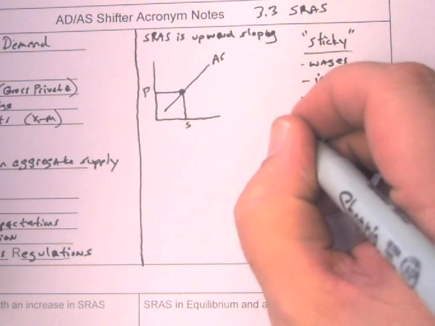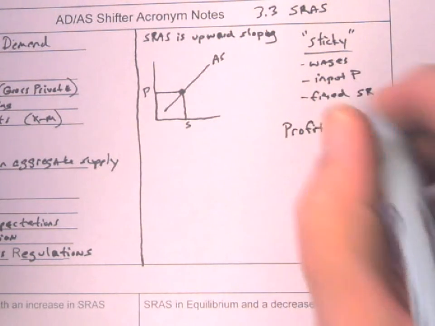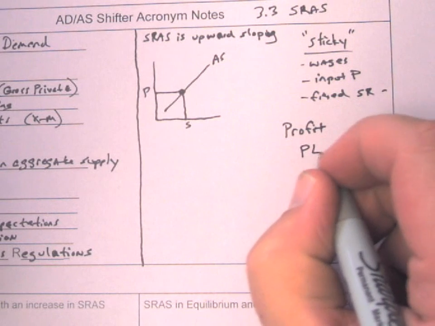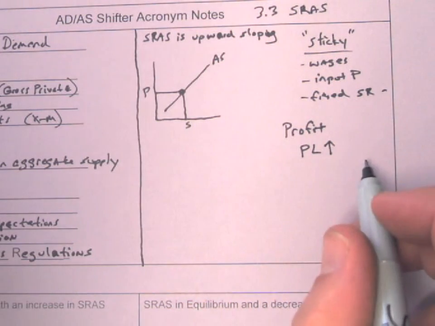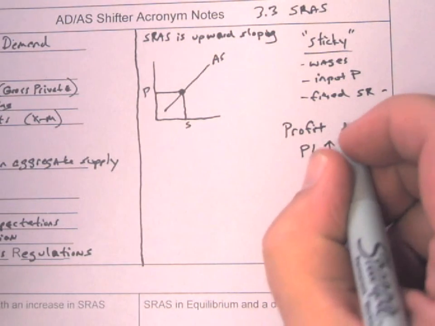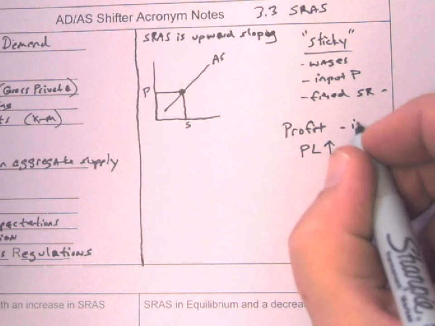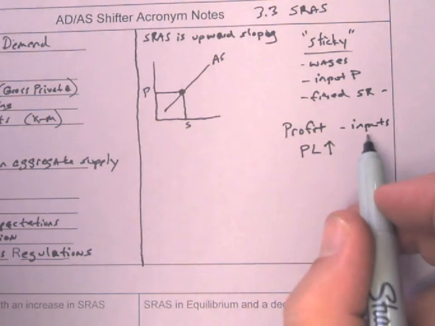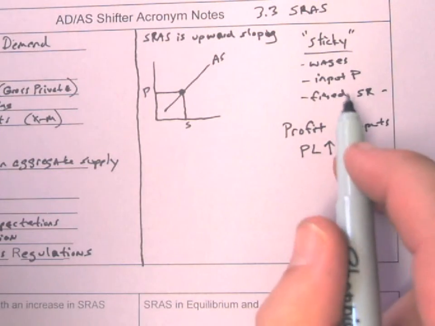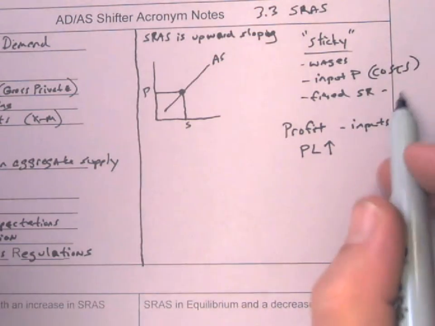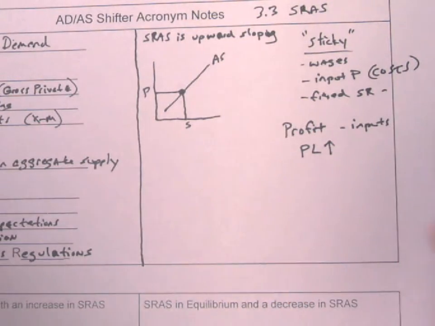So businesses like to profit, don't they? They want to make profits. So if price levels are going up, your profit is going to be your revenue minus inputs. If those inputs like wages and costs are sticky in the short run, that means they're not moving.